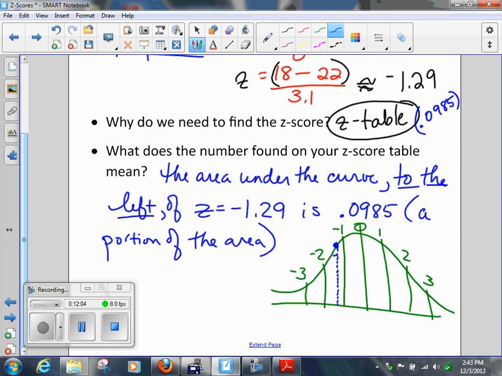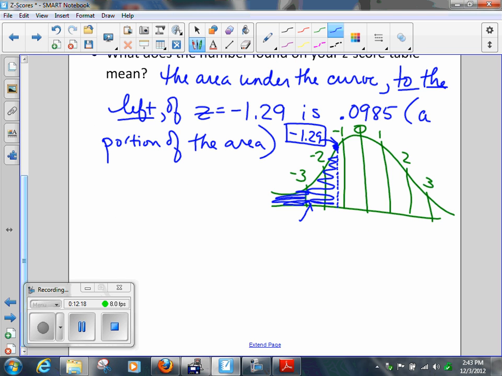So this portion to the left of our line at negative 1.29 is approximately 0.0985, and that percentage is 9.85%.